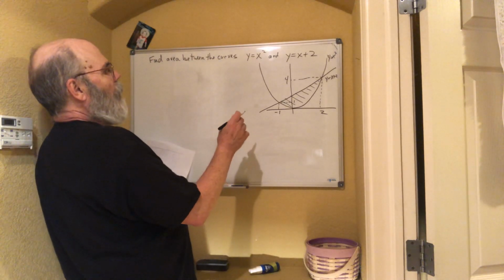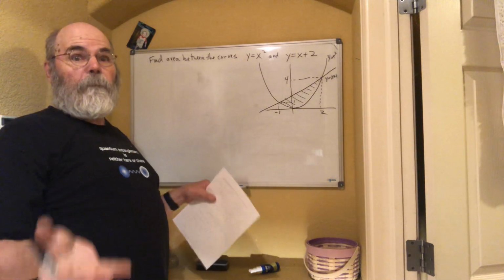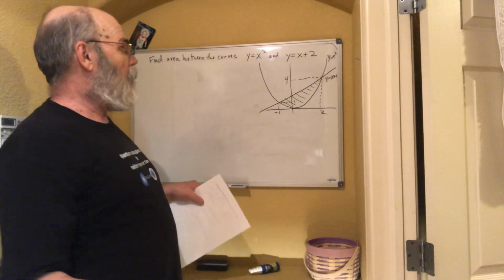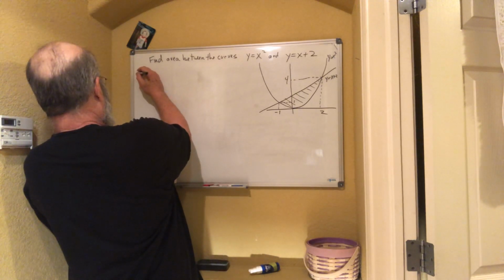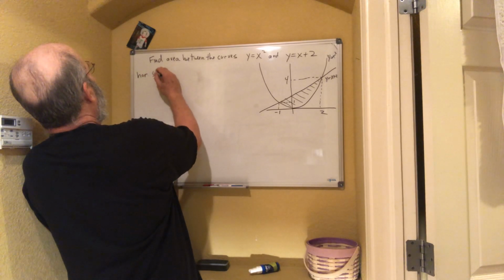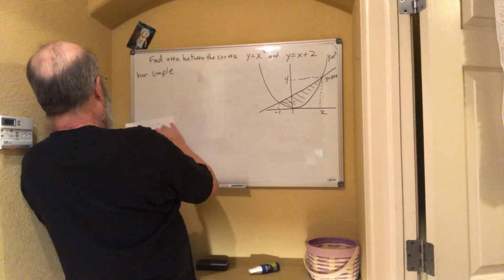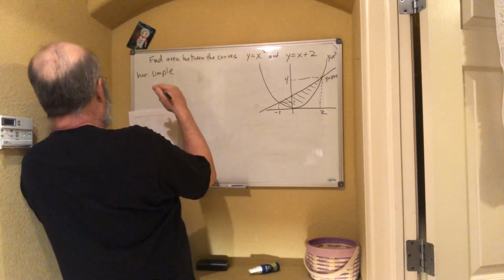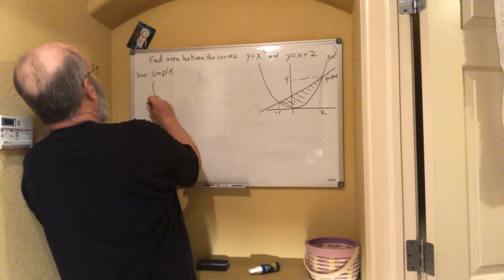This is a shape that is both vertically and horizontally simple. Okay? And so, using the vertically simple picture, that integral will be this one.